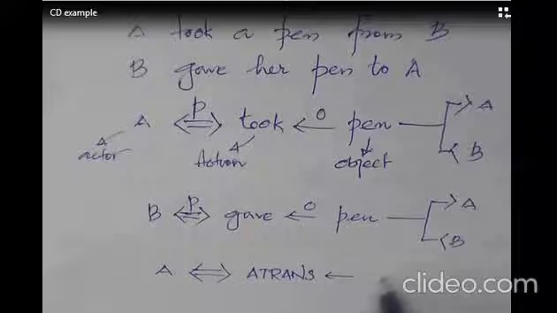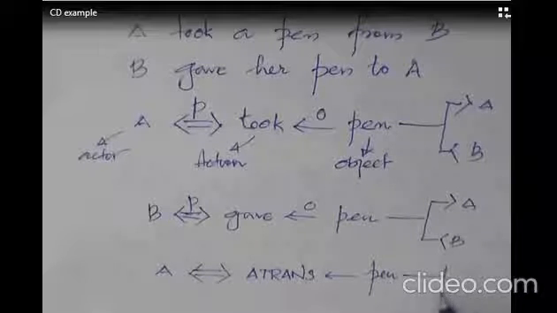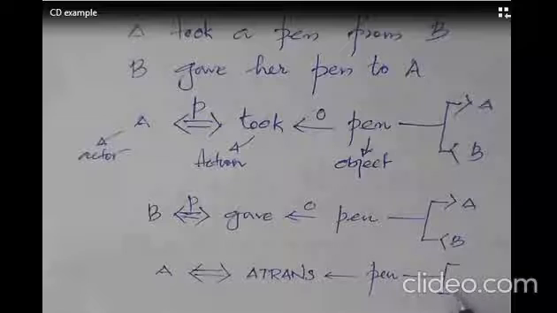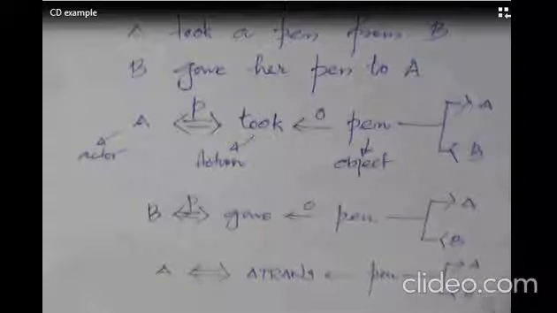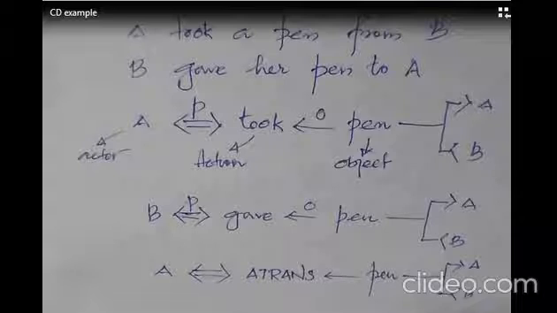It is the transfer of abstract relation. The pen is being moved between A and B. That can be represented as B to A. Then B and A are receiver and sender, or we can say receiver and donor.